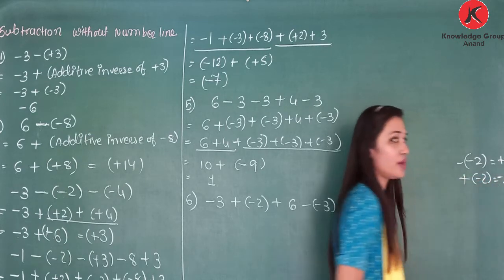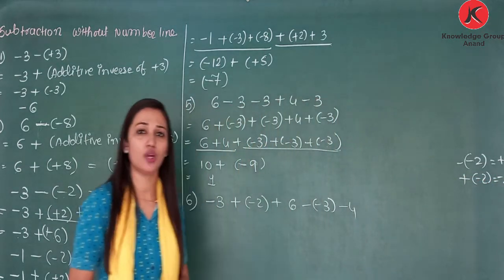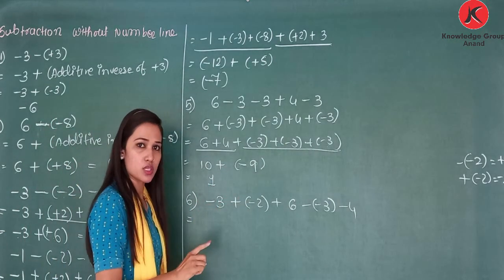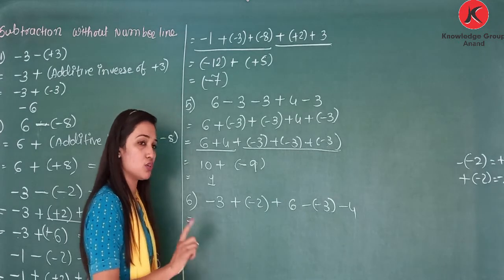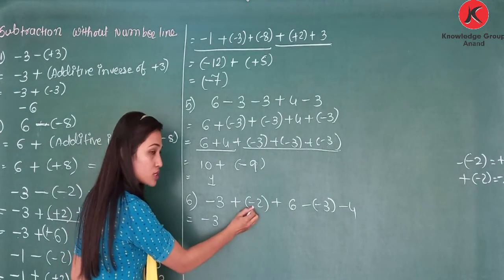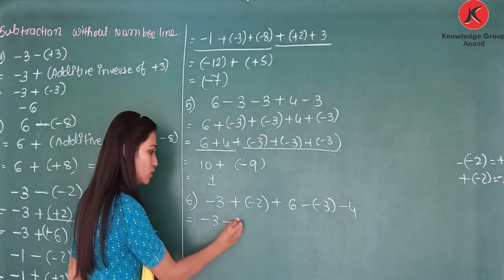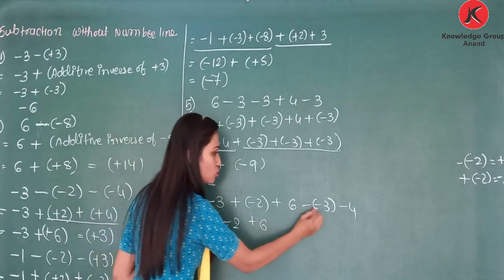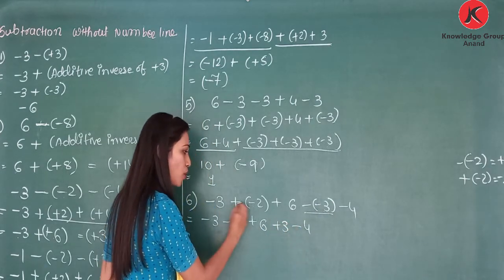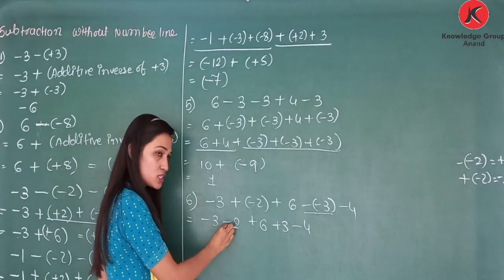So here, when 2 negative it is positive, and 1 negative, 1 positive it is negative. So -3 now before 2, there are 2 signs, plus minus, so it is negative. Plus 6, 2 signs are there, so it is +3 minus 1 positive, 1 negative, so it is -2.